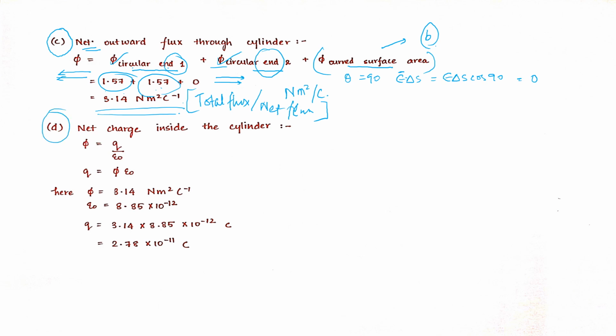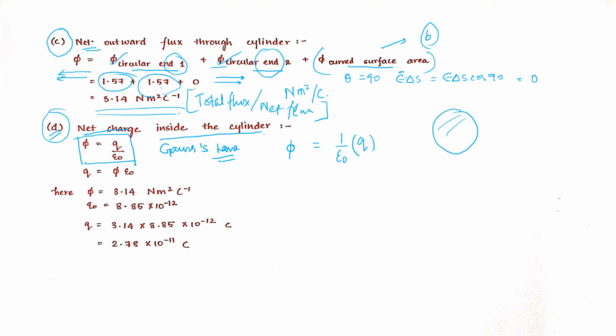Now the third, last and fourth question was to find the net charge inside the cylinder. We know from Gauss's law that flux equals 1 by epsilon naught times the charge present in that system.